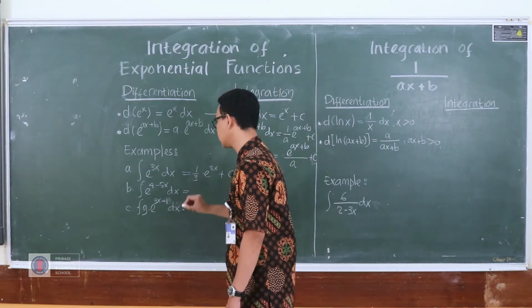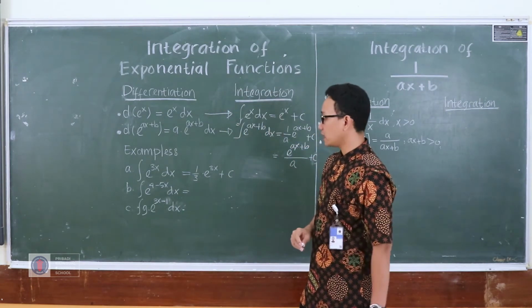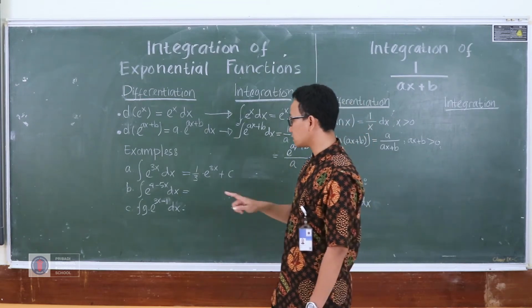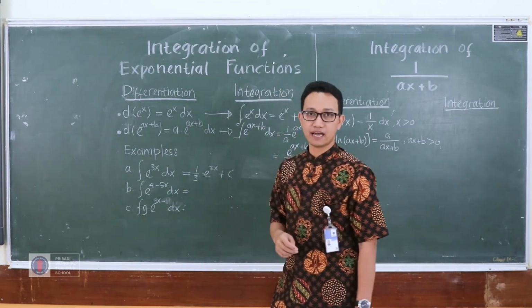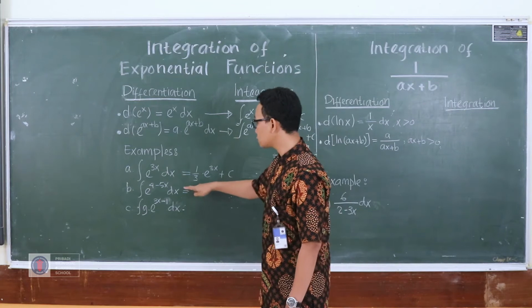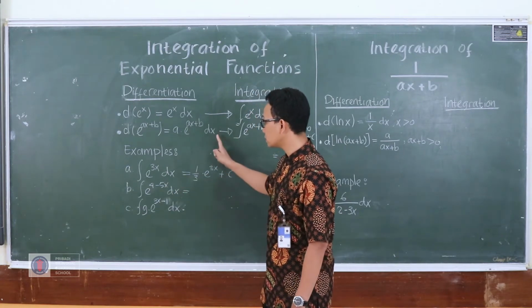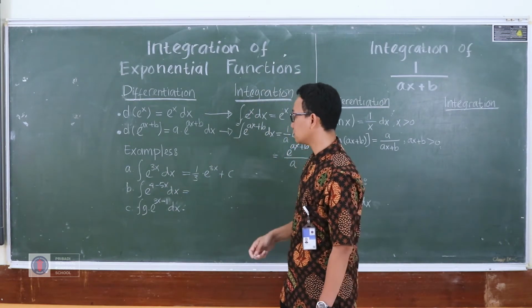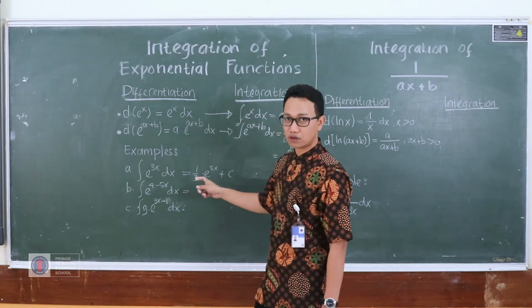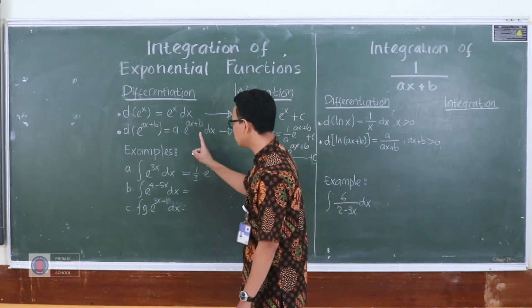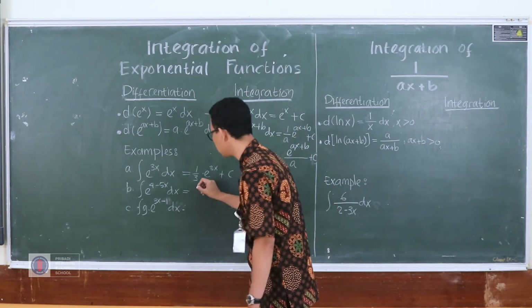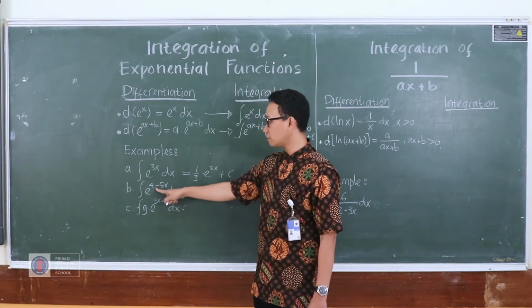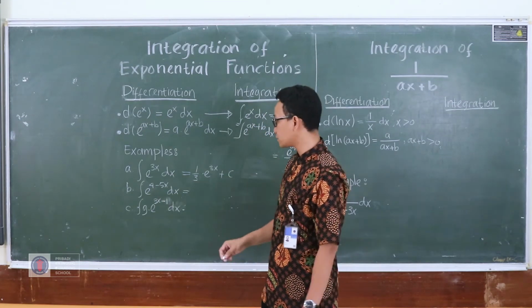Second, how about this? How about if the index is 4 minus 5x? Remember, this one, we can use the second again, because it's not just simply e to the x, so you use the second here. So here, remember, the derivative of 4 minus 5x should be minus 5.